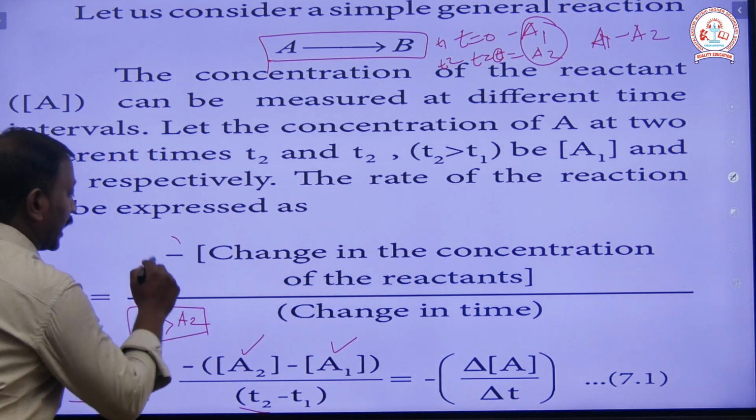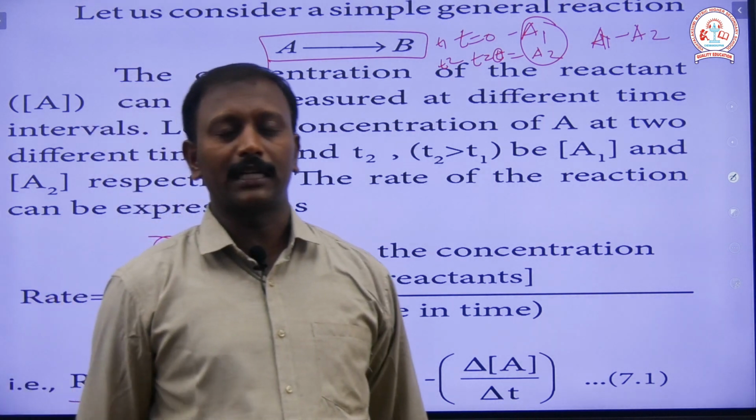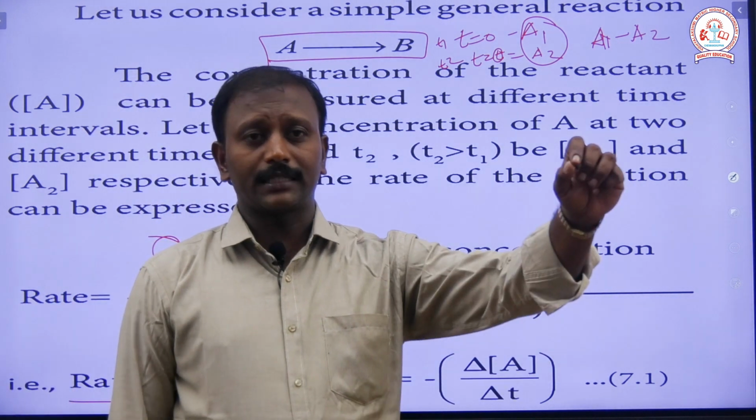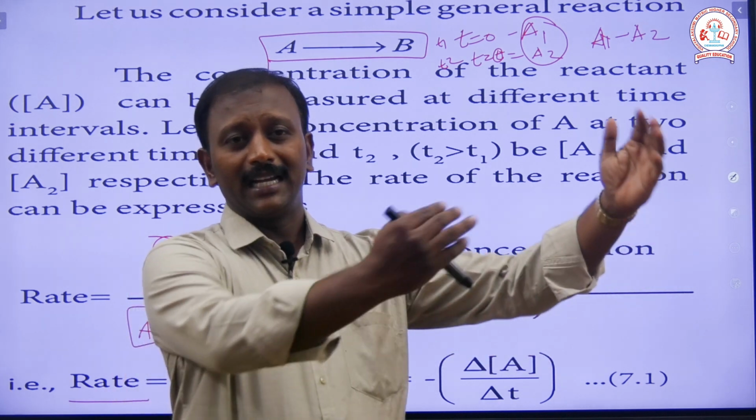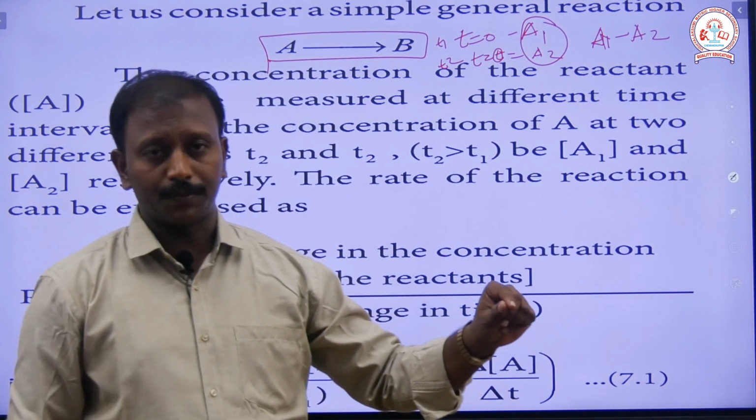So why do we put a negative symbol? What is the meaning of that negative symbol? That negative symbol means the concentration of the reactant side will be reduced or decreased. So that's the reason we put the negative sign.